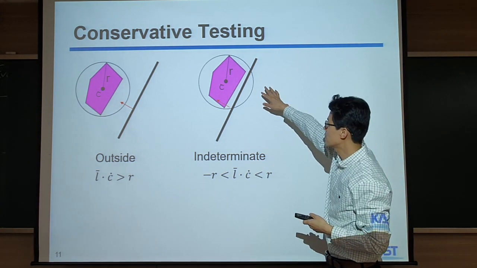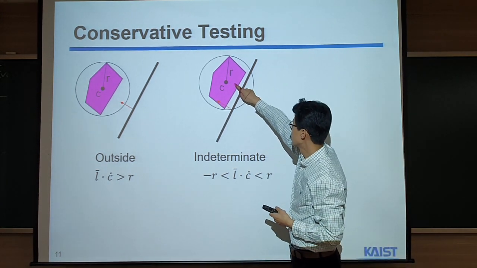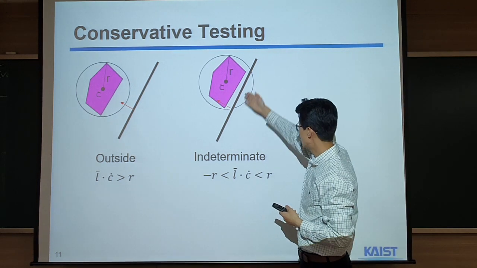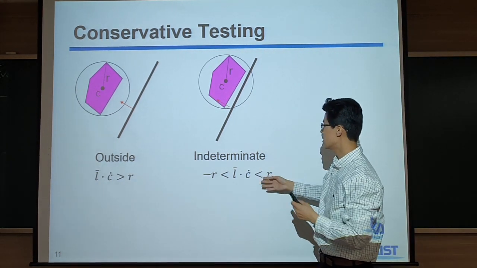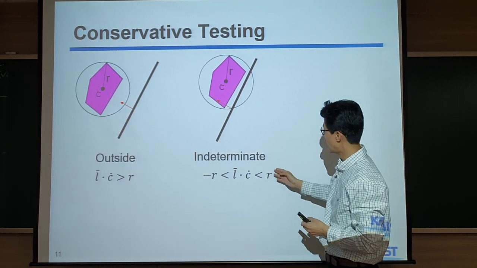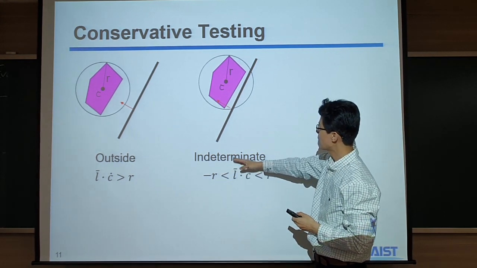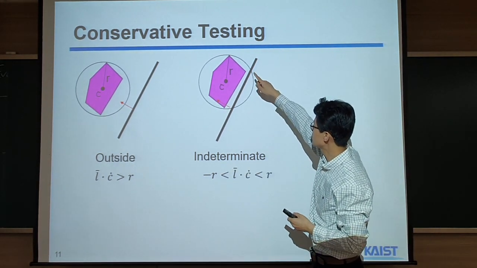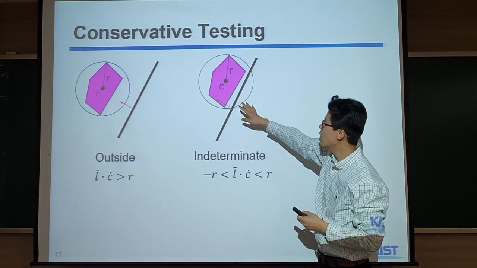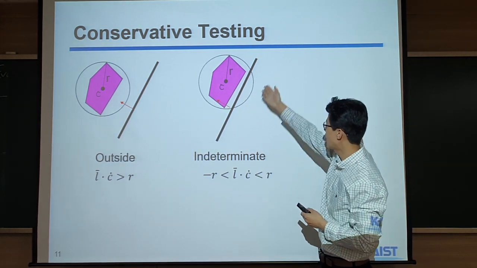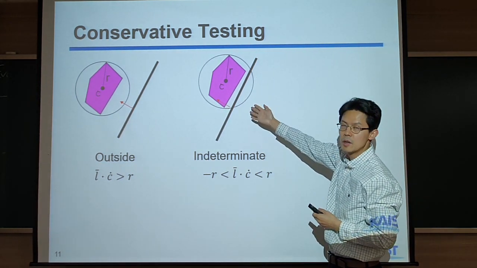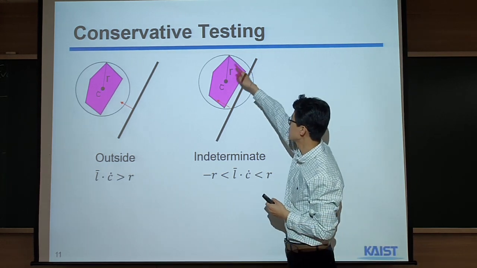If you plug the center into the line equation and the distance is somewhere between r and -r, then the sphere is straddling this line. You know this polygon is totally outside of this line, but you only see the bounding volume.